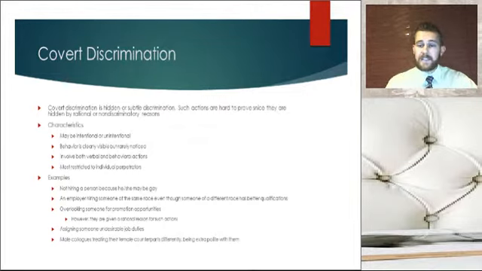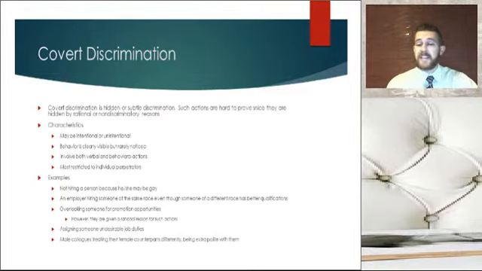Some examples of covert discrimination are not hiring a person because he or she may be gay, or an employer hiring somebody of the same race even though somebody of a different race has better qualifications. Next, we have overlooking somebody for promotional opportunities, however, they're given a rational reason for the actions that were taken by the employer.